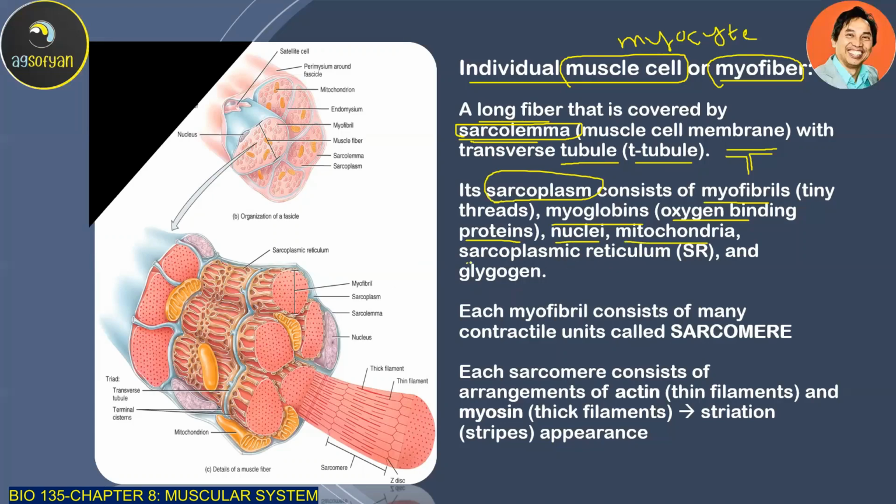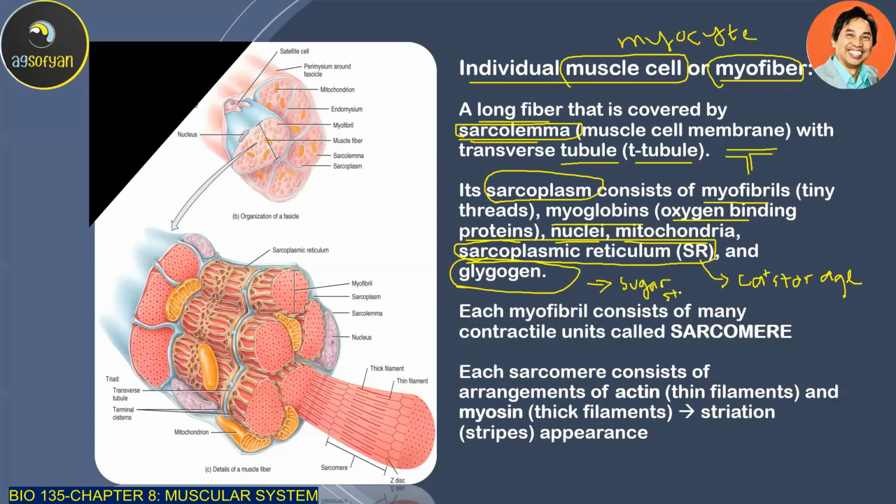Mitochondria. There is also a special reticulum in the muscle cell. It's called the sarcoplasmic reticulum, or SR. The primary function of this SR is calcium storage inside the muscle cell. So the SR function is calcium storage. And there is also glycogen, which is actually glucose, or sugar storage, inside the muscle cell.